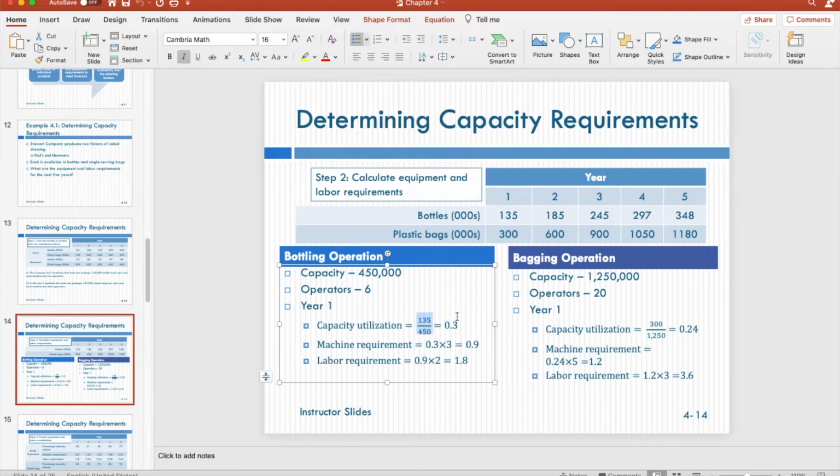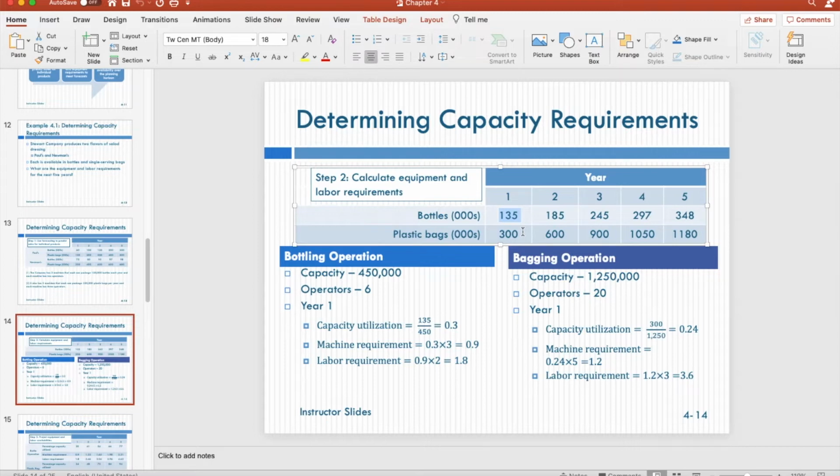Then you get 0.3. What does this 0.3 mean? Think about this. It means you only use 30% of your capacity level, because at most you can produce 450,000, but you only actually produce 135.